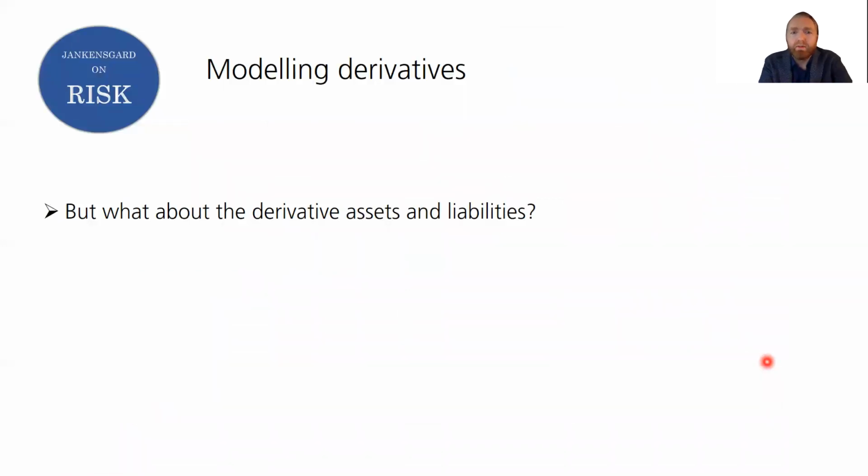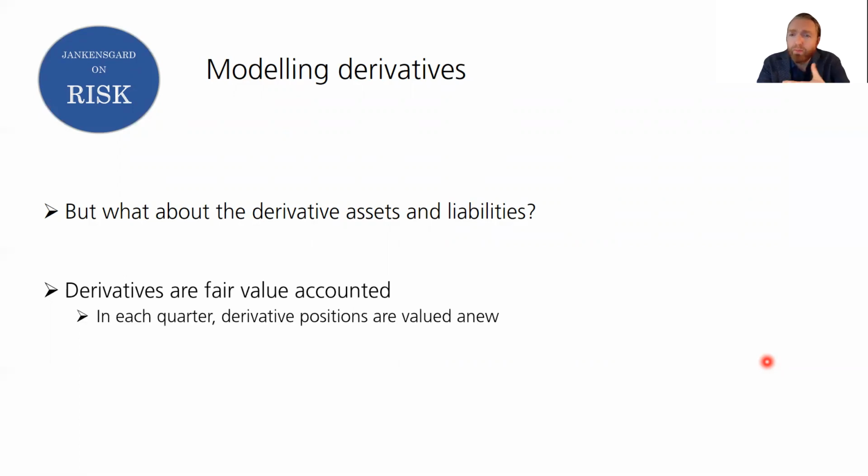But what about these derivative assets and liabilities then? This is not a complete model at this point. What most people do is to focus on the payoffs at the maturity of the contract. But we know that they're fair value accounted, so they will create a lot of impacts leading up to that, in all these quarters in between.